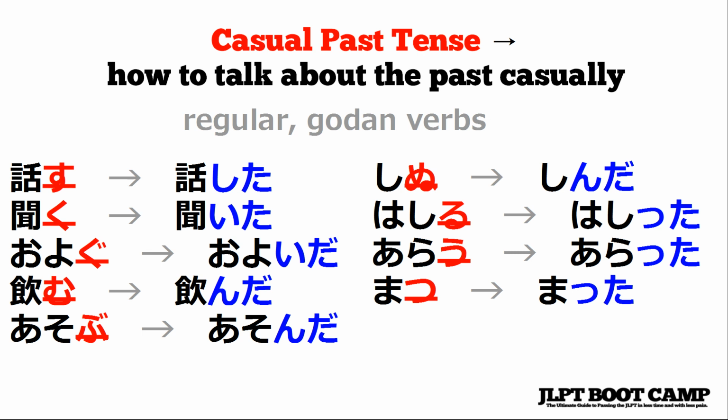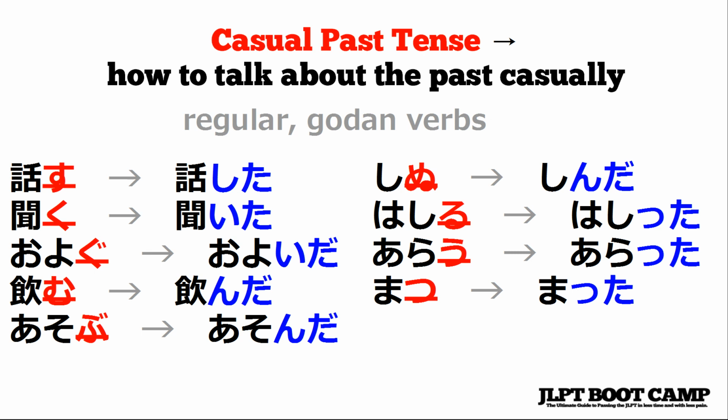So anyway, for casual past tense, it's rather complicated actually. For godan verbs, for regular verbs, for most verbs, you can see there's this big chart to follow for conjugations. This is kind of difficult to master at first, so I encourage you to try to use the past tense as much as possible.